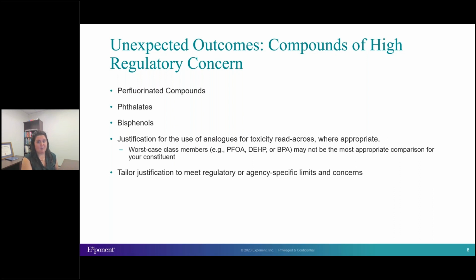And so at Exponent, we rely on our knowledge of the agency-specific guidances that are published, as well as the outcomes of our frequent interactions with these agencies, in order to best tailor the justifications we use in the TRA for the specific constituents in your device. And so your toxicologist's regulatory expertise can be a huge asset in order to decrease the risk of deficiencies related to your TRA.